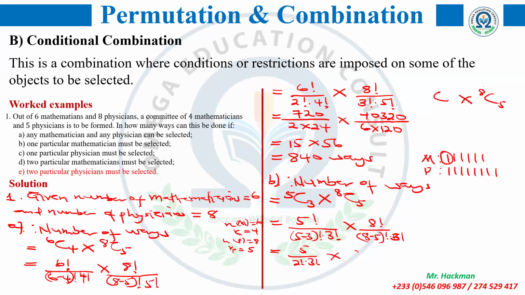Then times 8 factorial over 8 minus 5, which gives 3 factorial, times 5 factorial. In any case, this one you've done it here. Is that clear?